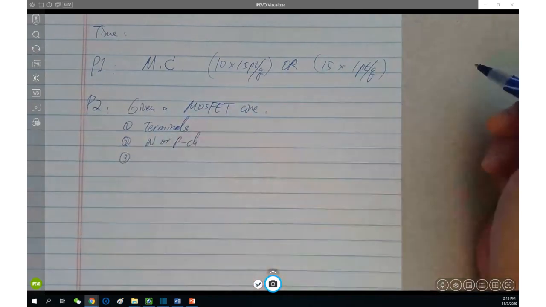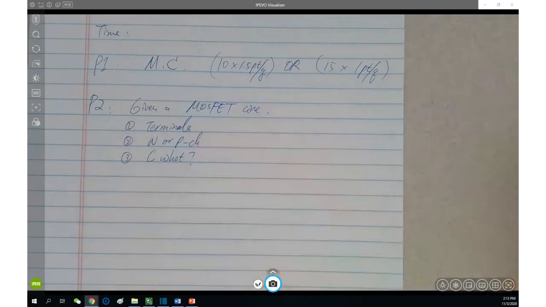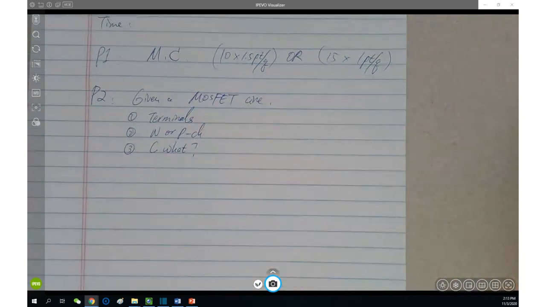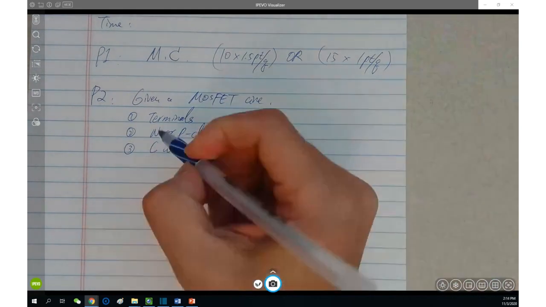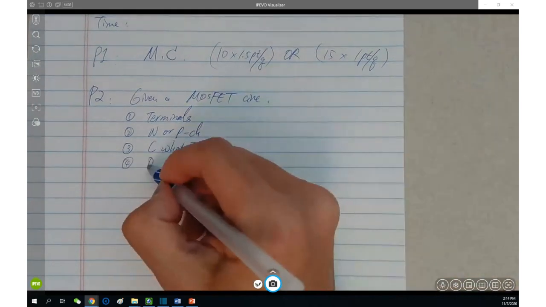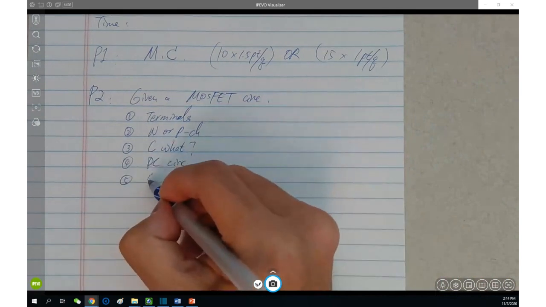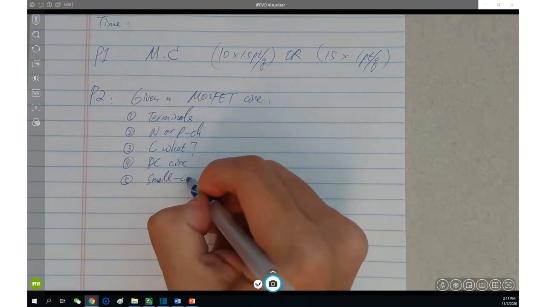Third, identify the common what? Common circuit configuration. Three identifications. You need to answer these questions. And then you need to find the DC circuit. And then you need to find the small signal circuit.